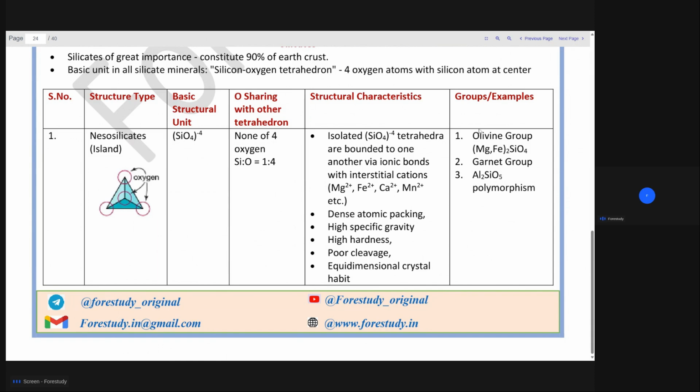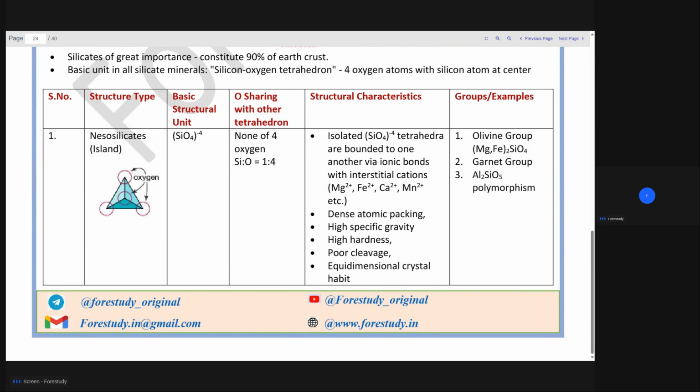Now, the groups are simple. You can just memorize that olivine or garnet is an example of a nesosilicate or island silicate. Remember, neso comes from nest. A nest means a bird's nest on a tree.